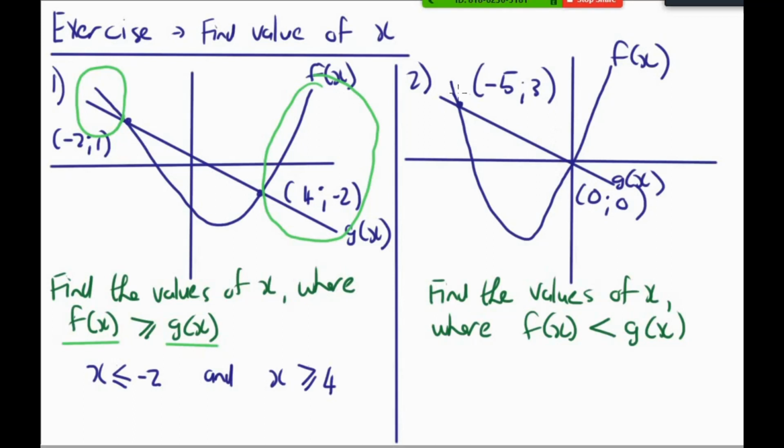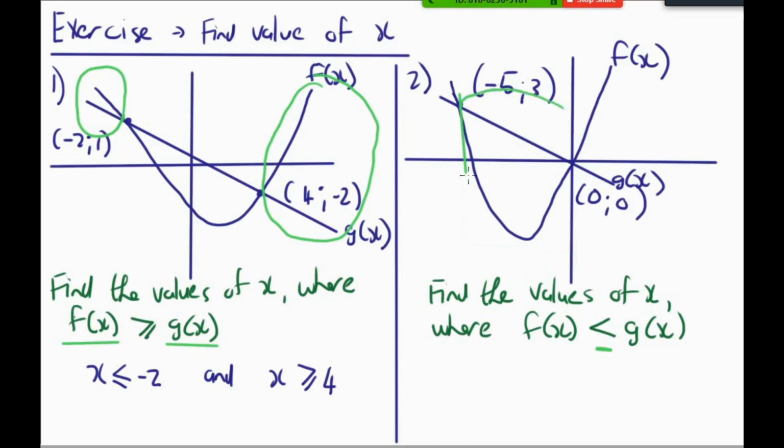And by this one over here, number 2, we need to find the values of x for which f(x) is less than g(x). So it's going to be in this area over here, because it's in that area where f(x) is less than g(x). So it's in this area over here.